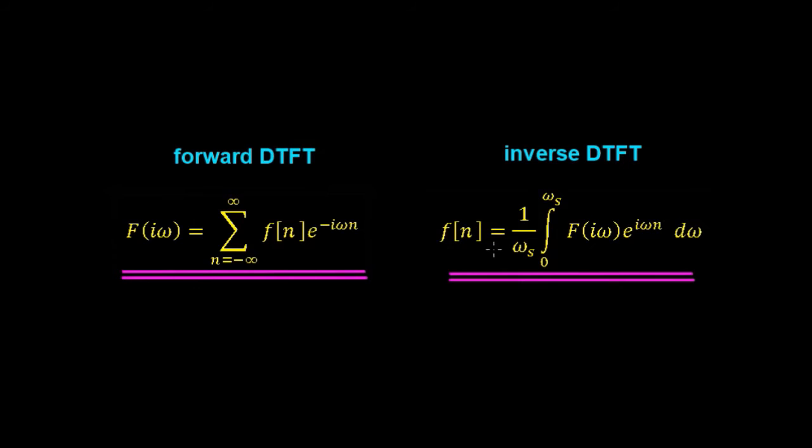So we're left with f(n) equals 1 upon ωs, the integral from 0 to ωs of F(iω) e to the iωn dω. And I've put it next to the forward transform. So these are the two transforms that we've been working to derive. Let's go ahead and have a look at the forward transform, and we'll do an analytic example, and we'll also have a look at it in Matlab.